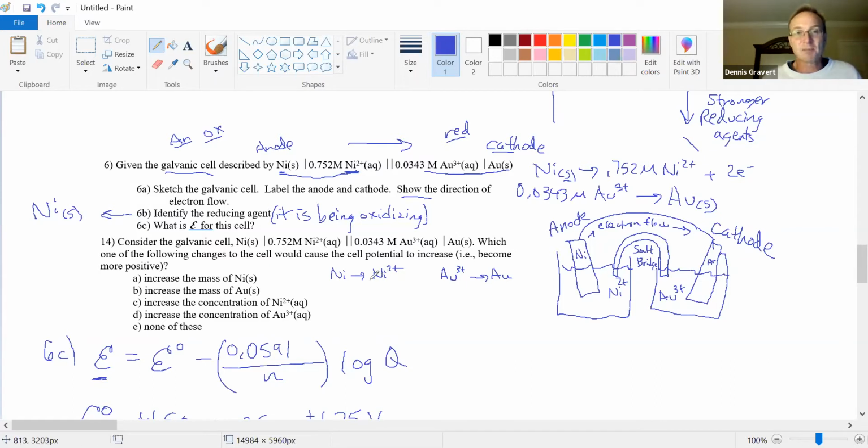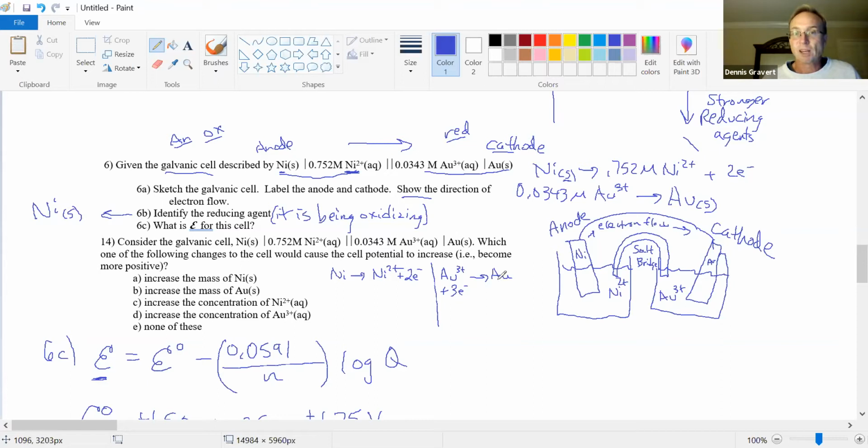Balance your oxidation numbers. Nickel has a 0 oxidation number. Nickel 2 plus is a plus 2 oxidation number. Need to balance that with a couple electrons. Do the same thing over here. The gold at the end has a 0 oxidation number, but starts with a plus 3, so I need to add 3 electrons here.